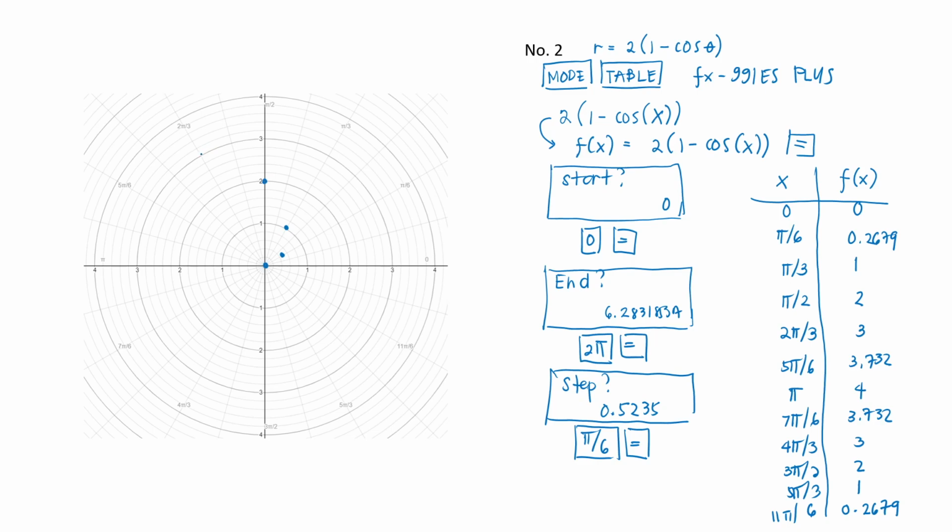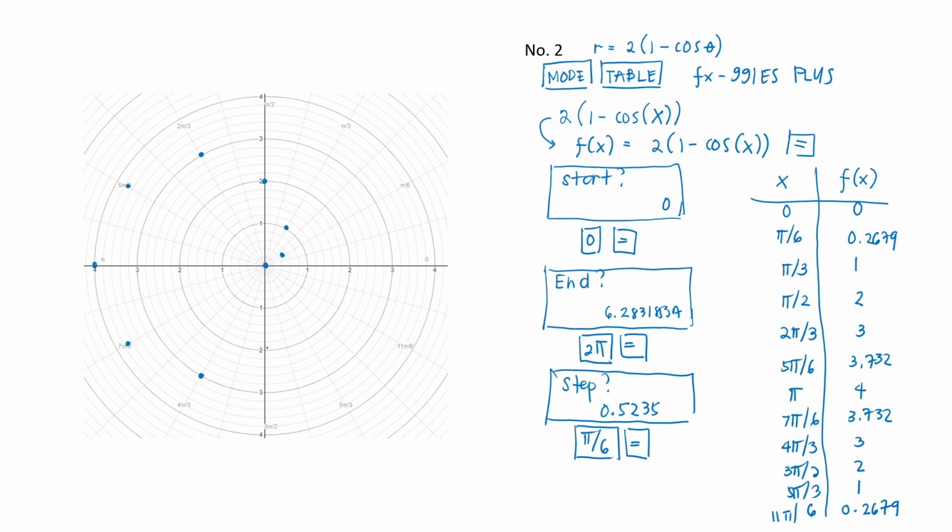120 degrees is 3. Then 150 degrees is 3.7. So let's say this is 3.7. Then 4 for 180 degrees or pi. The next is 3.7 again. Then 3.